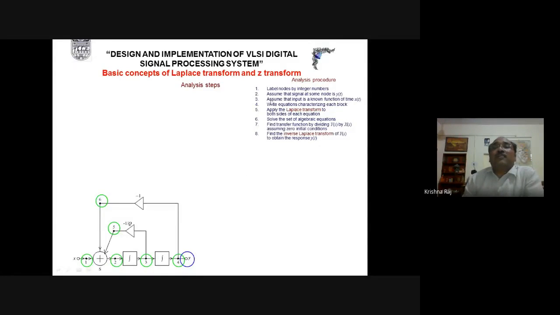The third step is here. These are the steps given here, and see the graphics here, but we are just trying to present whatever we are saying. Now write the characteristic equation of each block. Each block will be represented by its characteristic equation. Here we will analyze x(t), and then we write the characteristic equation for each block. y1(t) is the same as x1(t).